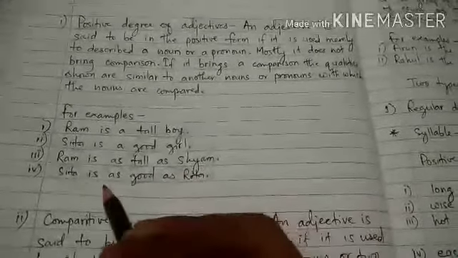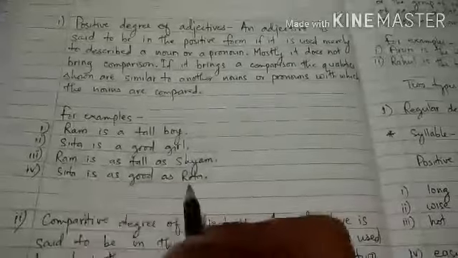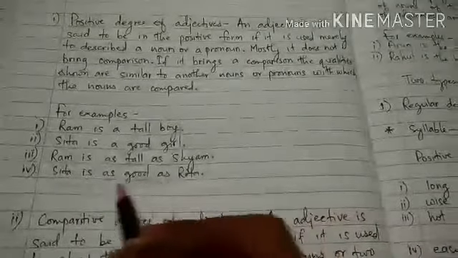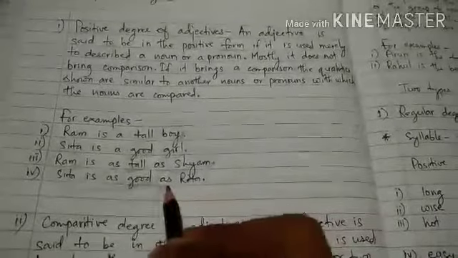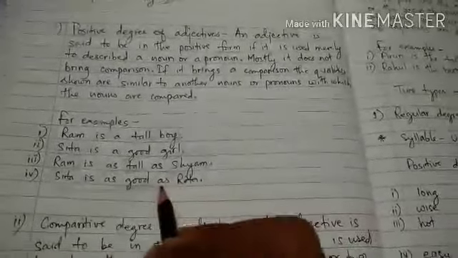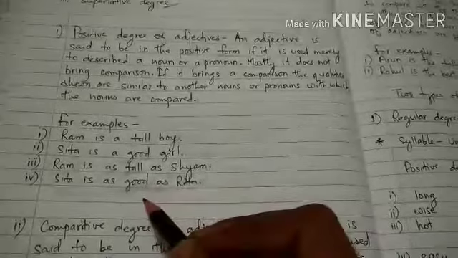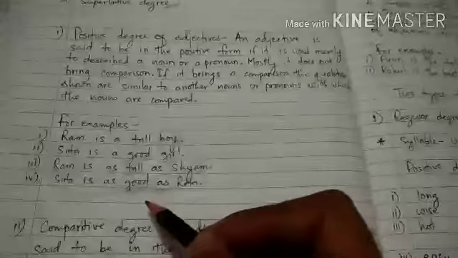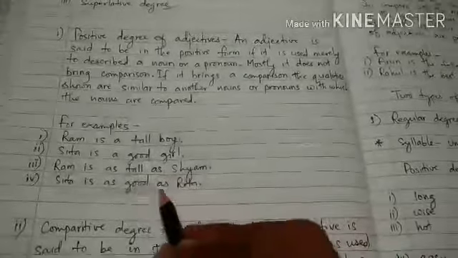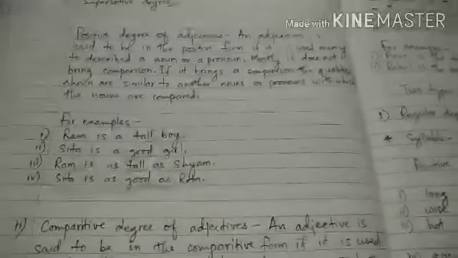Understood? So this is also an example of simile, showing comparison. Okay, direct comparison by showing qualities. That quality is adjective. Understood, students? Are you clear about positive degree of adjectives? I hope you are. But if still you have doubt, so you may ask me during the class period.